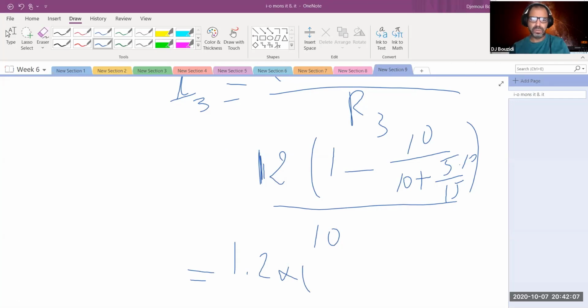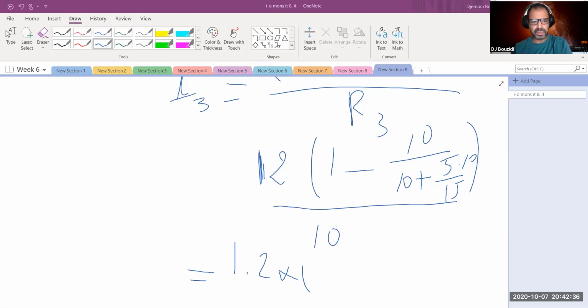It's a good idea that you do the calculator also from your end. 1 minus 10 divided by, open parentheses, 10 plus 5 times 10, which is 50, divided by 15. Close the parentheses. And the whole thing is times 1.2.